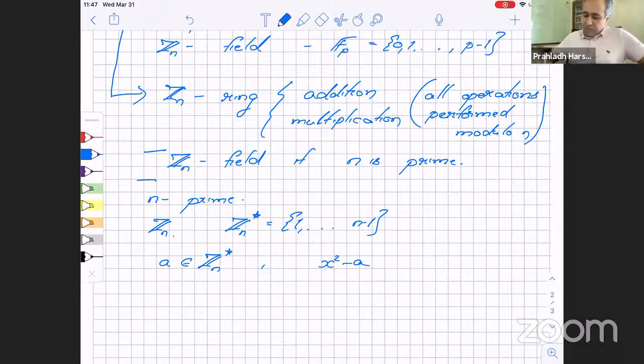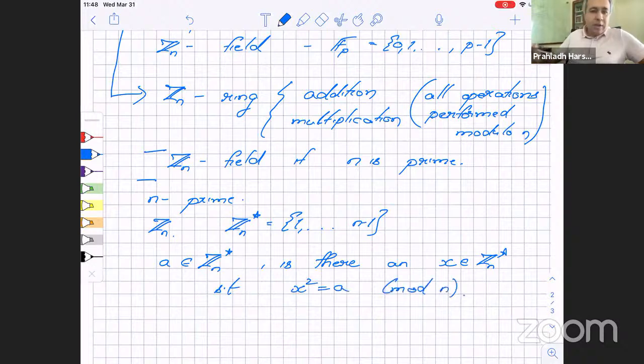Basically, what I want to ask is: is there an x in Zn star such that x square equals a? Once again, whenever I say equal to, everything is happening mod n. I'm going to be dropping off mod n from now onwards.